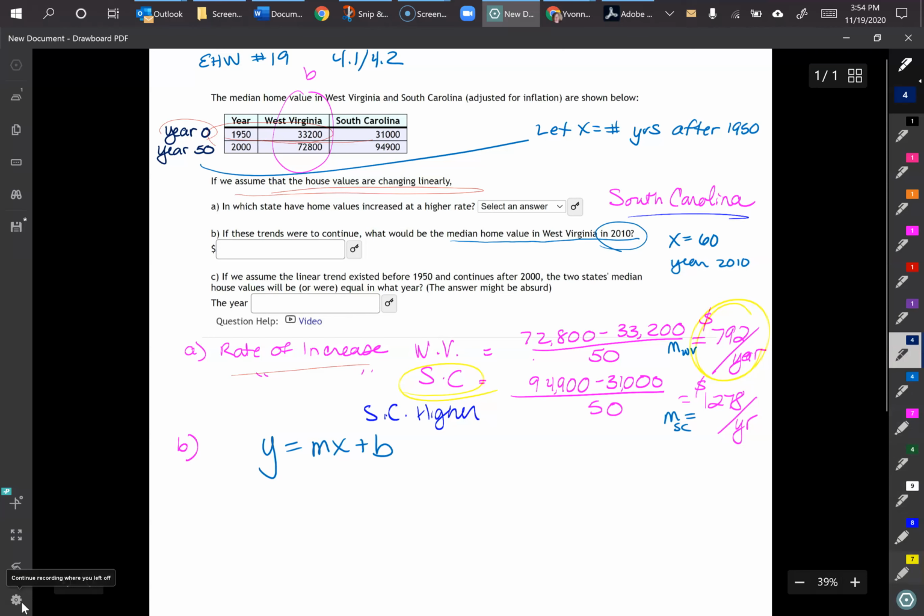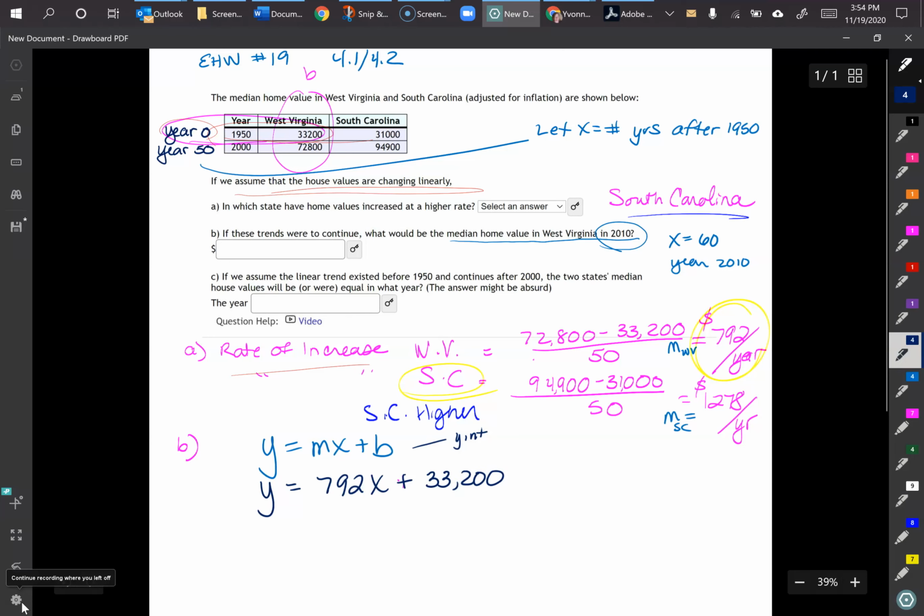So then I'm going to have y equals 792x, and then b is my y-intercept. Well, if I'm savvy, I can look up here to my y-intercept, there would be 0 and 33,200, so plus 33,200.